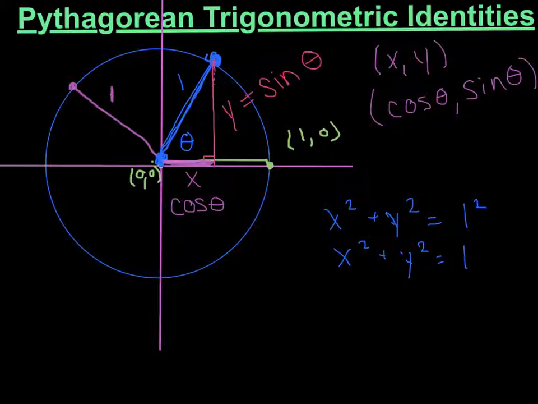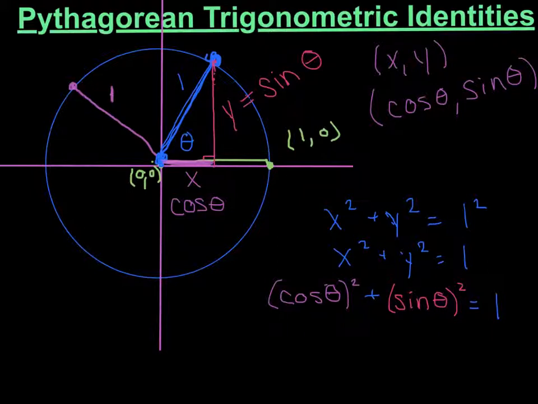If I plug in my cosine and my sine values, I would get cosine of theta, all squared, plus my y is my sine, so sine of theta, all squared, and it's still going to equal 1, because that radius is not changing. It's still going to be 1 squared.